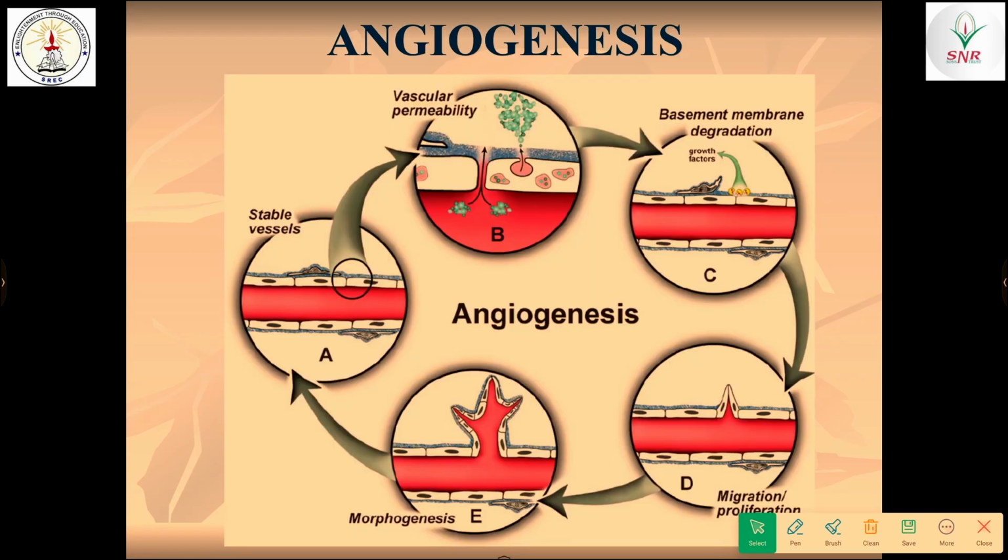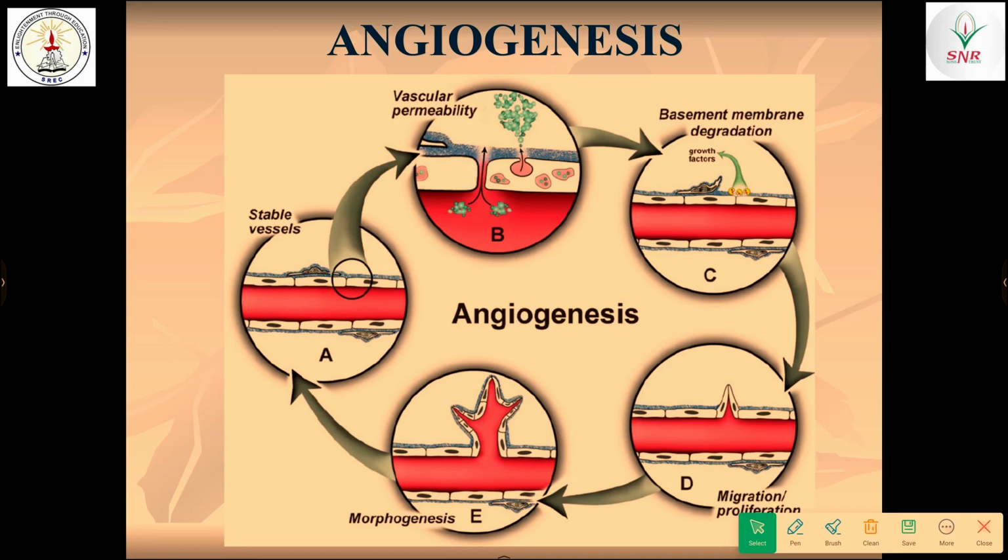Angiogenesis is represented pictorially here. This is a stable blood vessel where there is no problem, and whenever there is an injury or breakout, the blood contents are released.